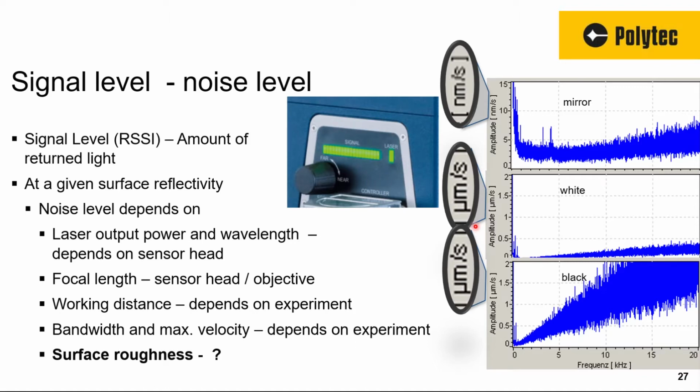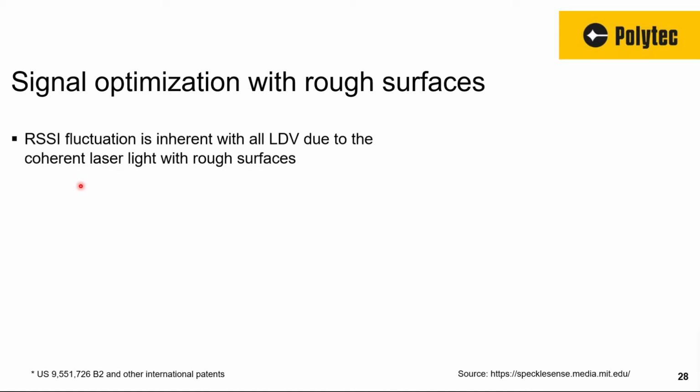What we haven't talked about, and what is really necessary to keep in mind, is the influence of the surface roughness on the noise. When it comes to rough surfaces, the RSSI level is fluctuating, which is inherent with all laser Doppler vibrometers due to the coherent laser light. You can see that in the graph.